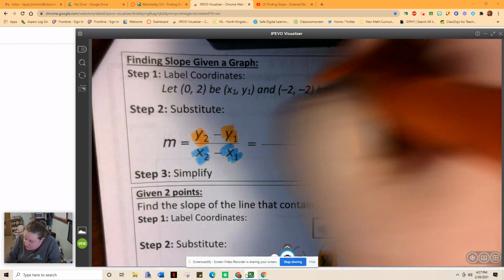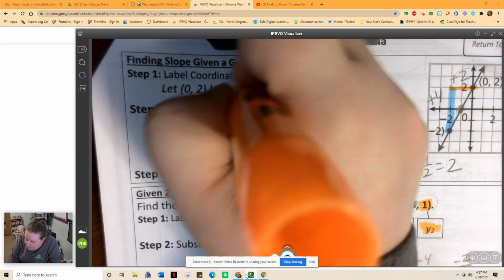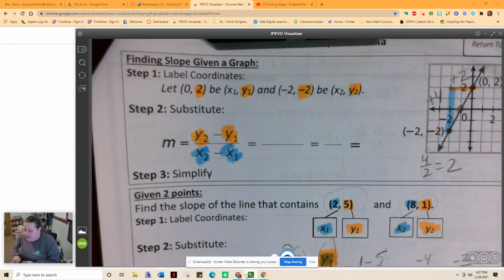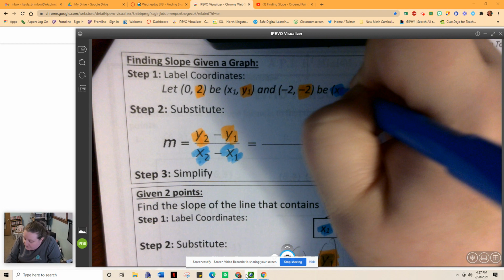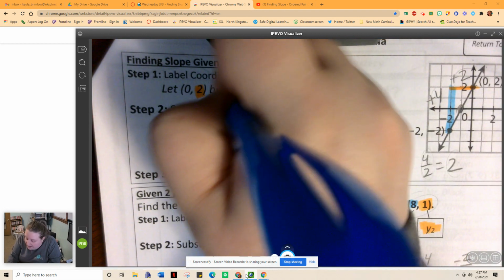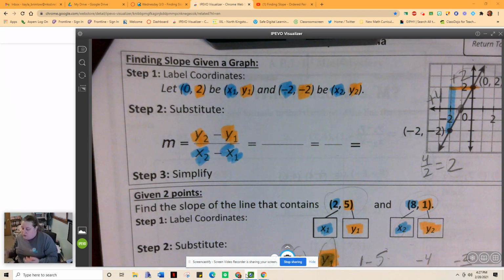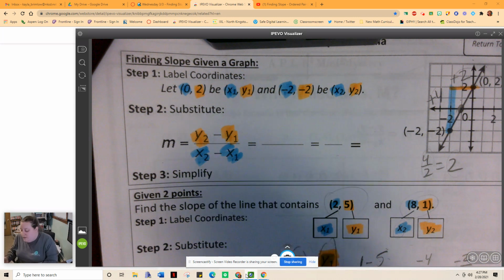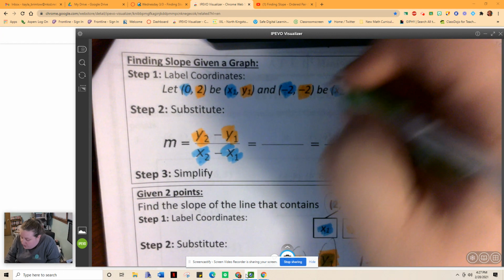So we have y2 as -2, and we have y1 as +2. Then we have x2 as -2, x1 as 0. So once again, these are the 2 coordinates they originally graphed and used to find the slope given the graph. So now we're just going to algebraically show how you could solve this and prove that it works either way.